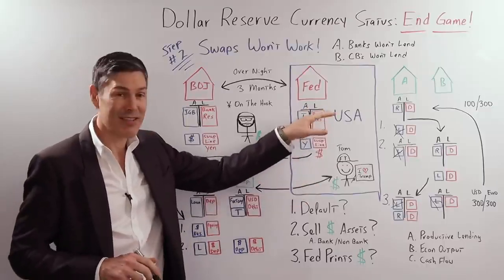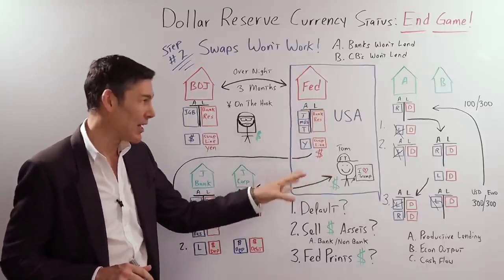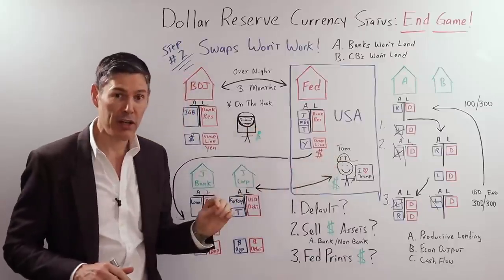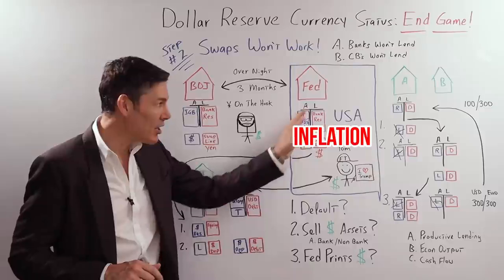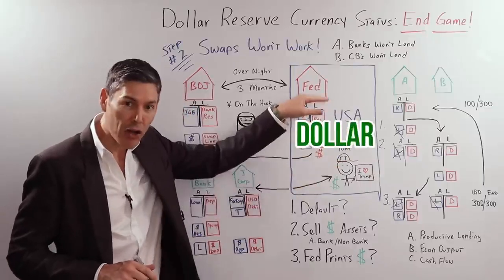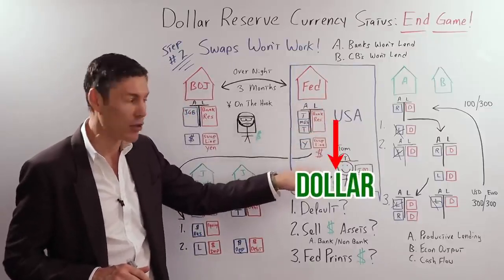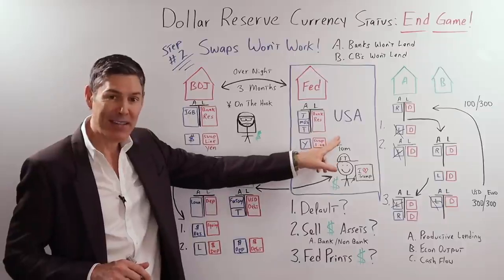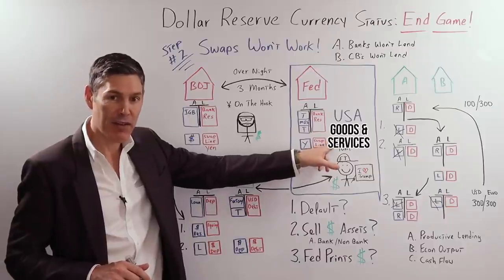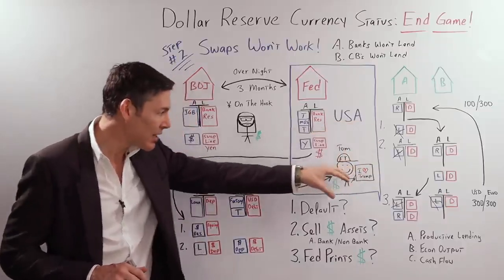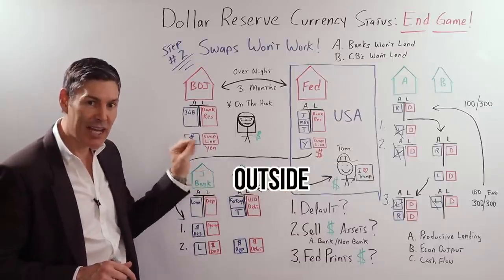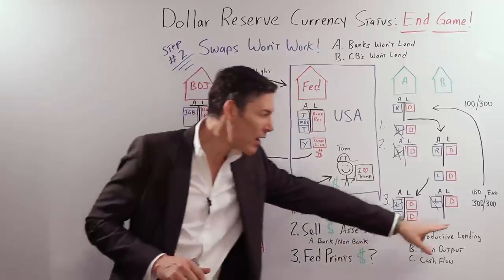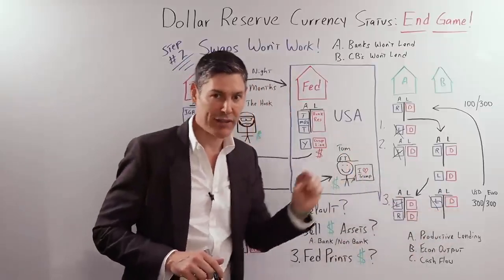The government can spend limitless amounts of money into the economy, which could create massive amounts of inflation in the United States, meaning the dollar is going down in value relative to domestic goods and services. But those dollars aren't necessarily getting outside of the United States to increase the supply of dollars relative to the other currencies.